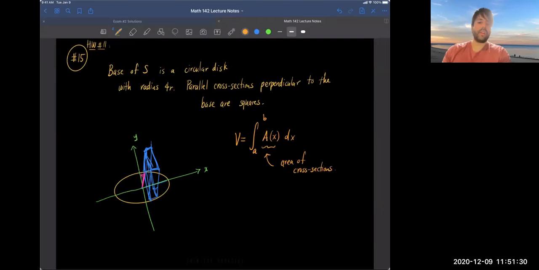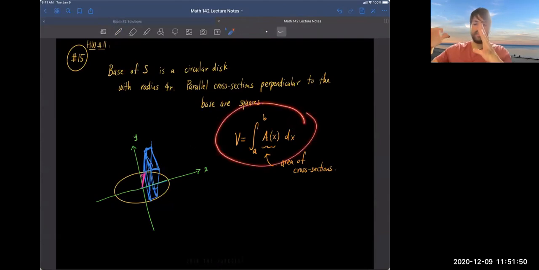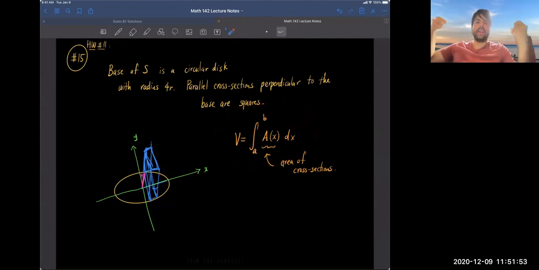When we talked about the disk method, the area function is the area of the circle, pi r squared, and the cylindrical part, which is the h, that change in x becomes the dx. So this is the big picture behind the disk method and the washer method. To find a volume, you have to find the integral of the cross section. If I know every cross section, then I just have to integrate it from a to b.